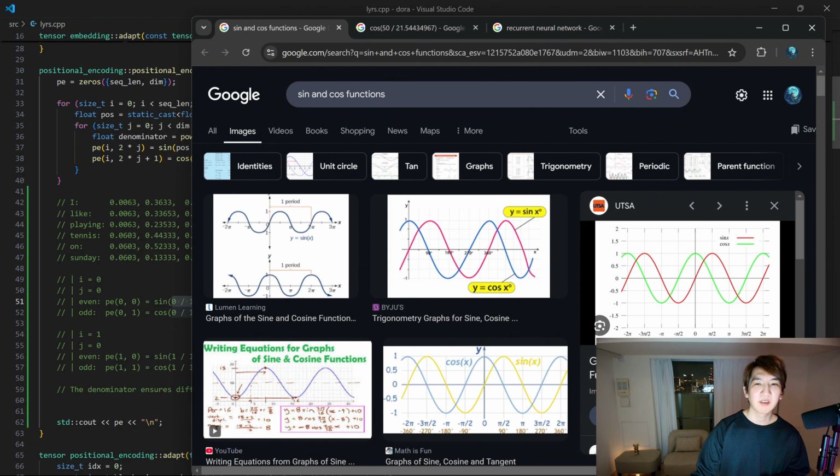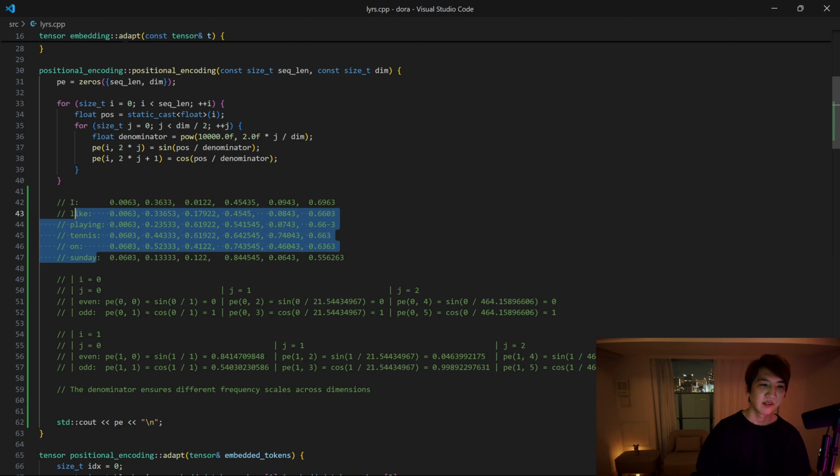And no matter how long, this sentence has a sequence length of 6, but even if you had 100 or 500, the first vector would be 0, 1, 0, 1, no matter how big your sequence lengths are.